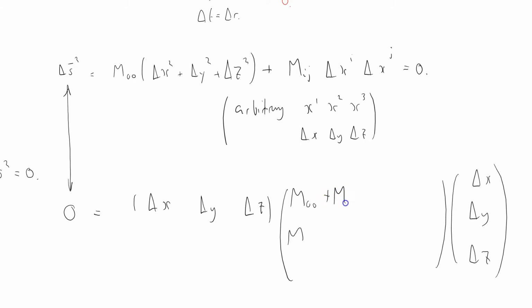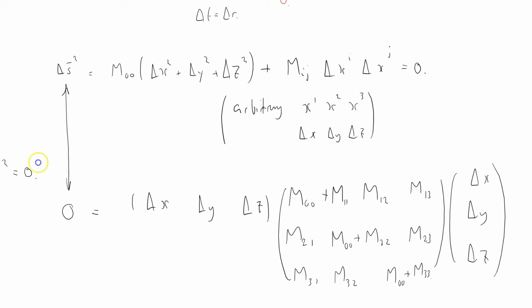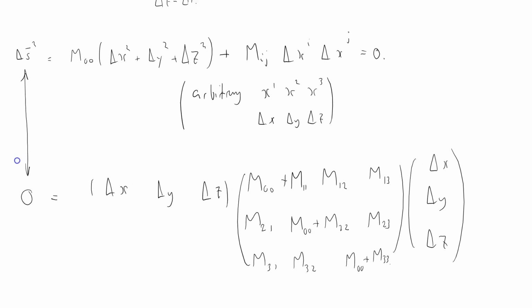Plus m11, m12, m13, m21, and of course this is symmetrical anyway. This is m00 plus m22, m23, m31, m32, m00 plus m33. And that identically equals 0 for any values of delta x, delta y, delta z.